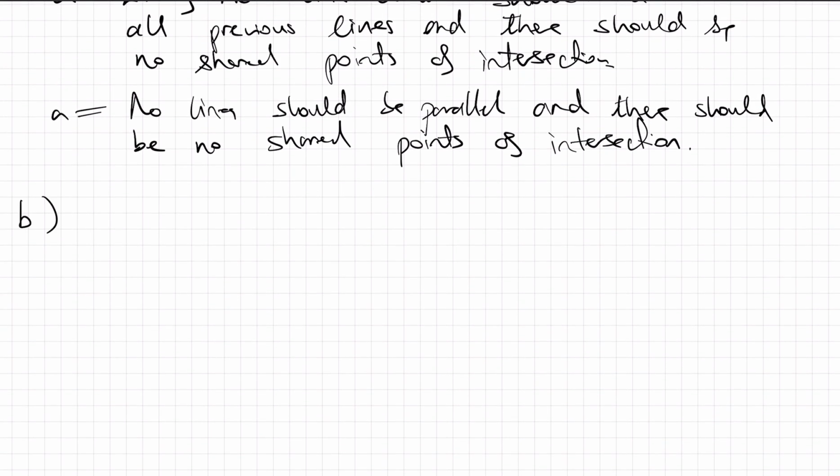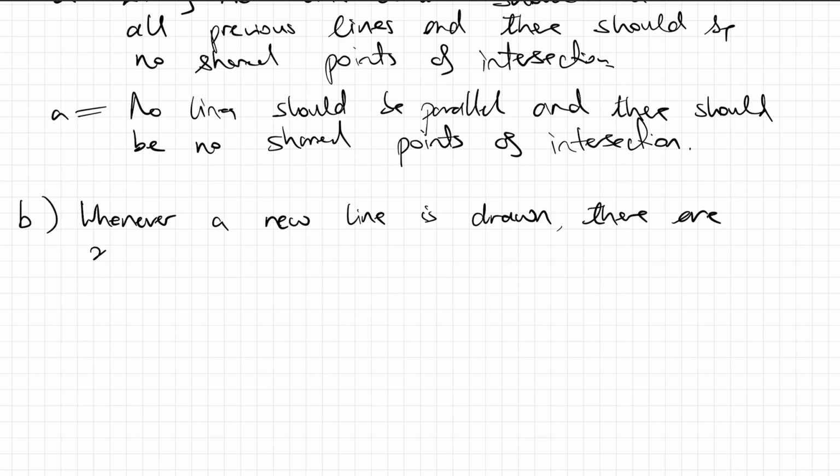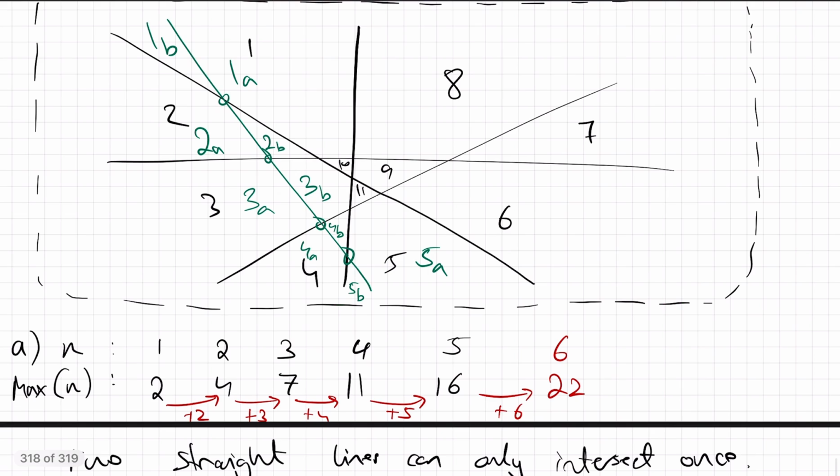B, whenever a new line is drawn, there are X new regions where X is the number of intersection points.